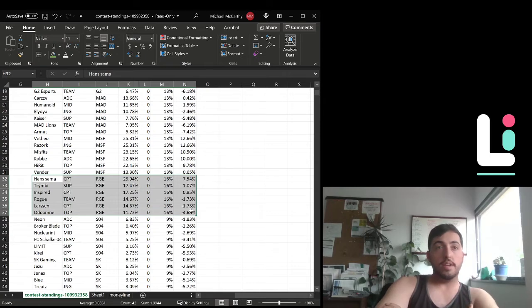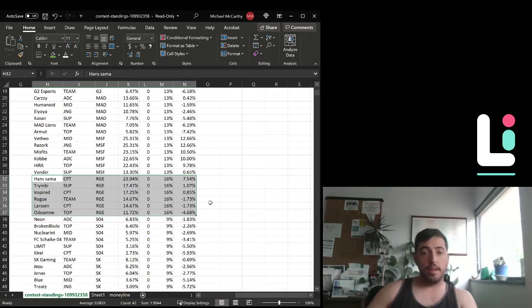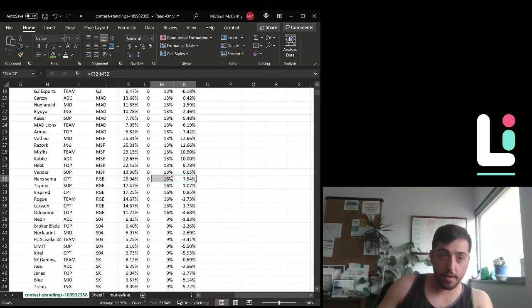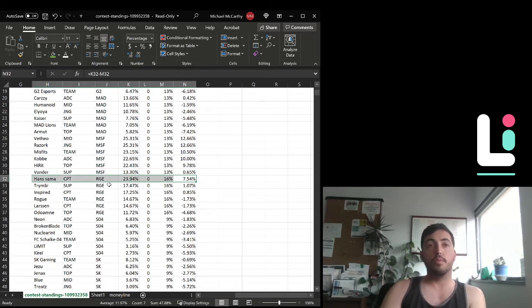Even though Rogue has a very high implied win rate, the only player who is over-owned is Han Sama. So that means people are incorporating Rogue into their lineups at an easily justified mathematical level.